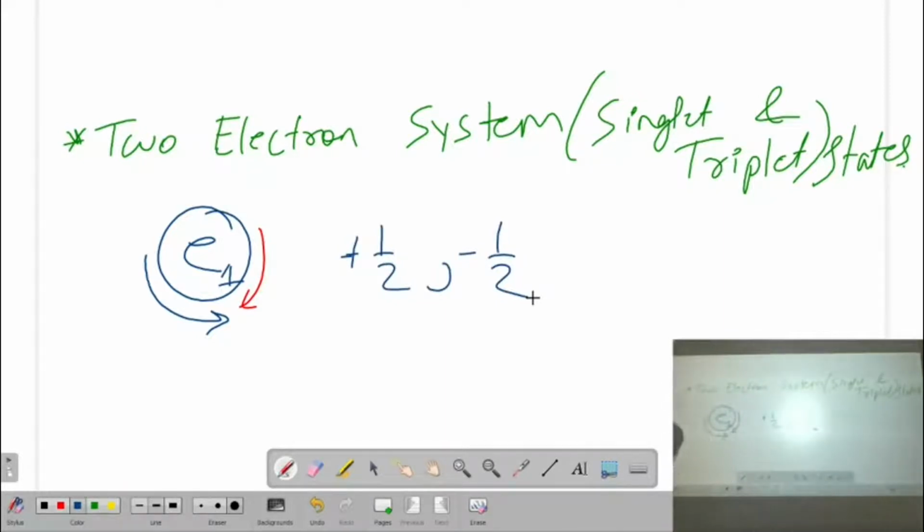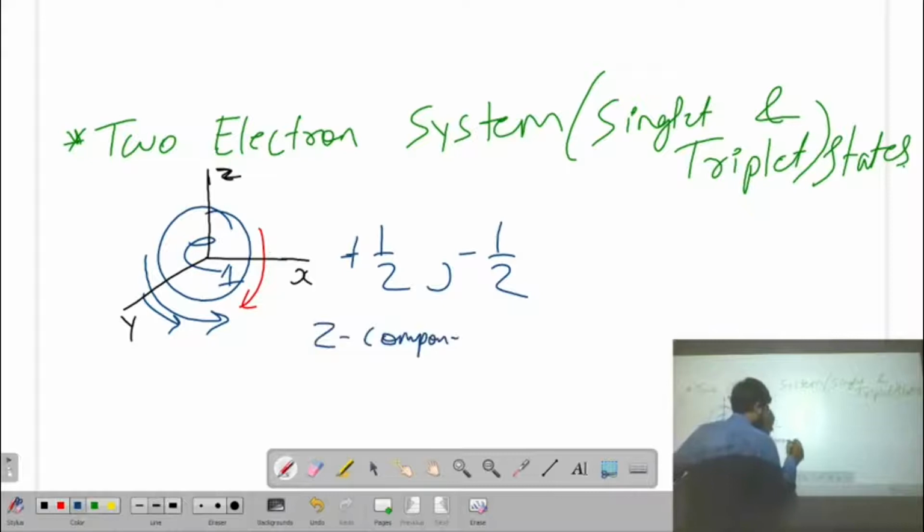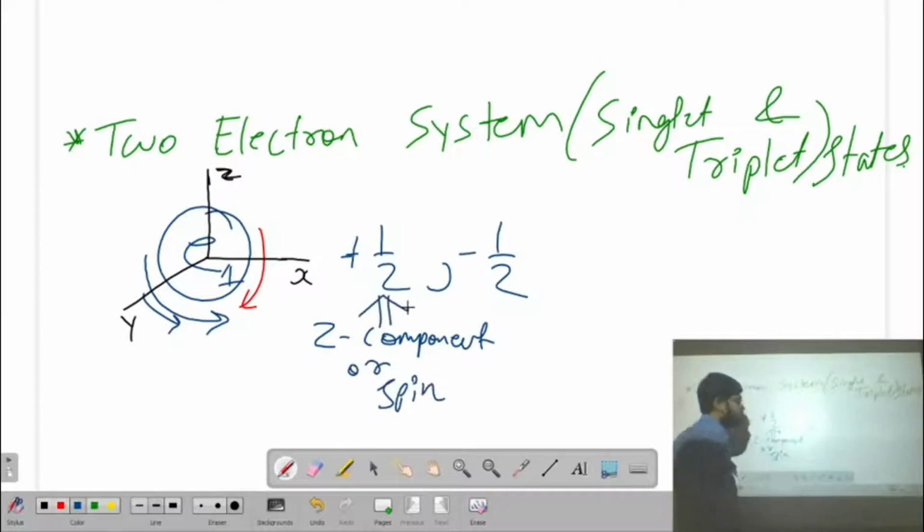Now, if this is rotating in this direction, then we can have three axes, that is x, y, and this is z. So the z component of spin will be plus 1 by 2, right?